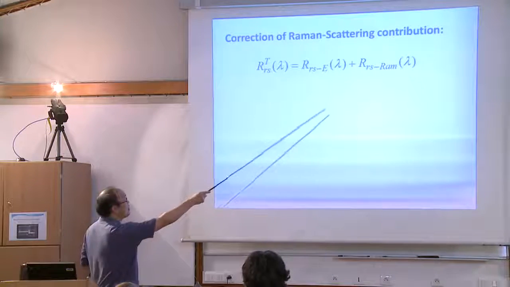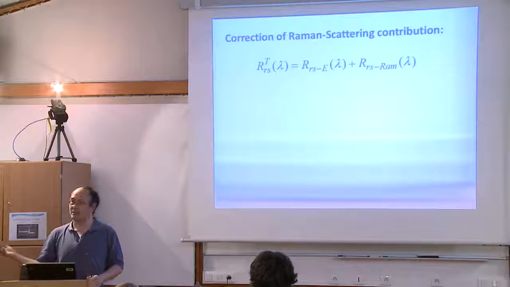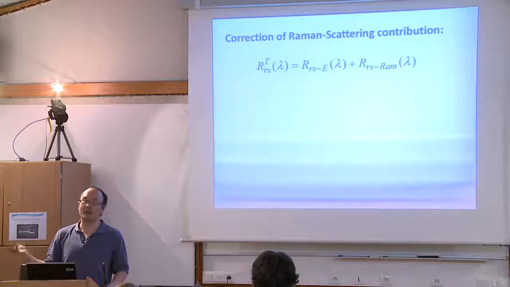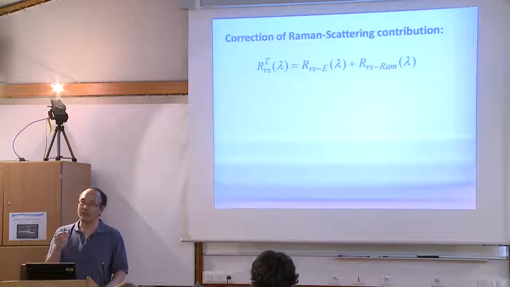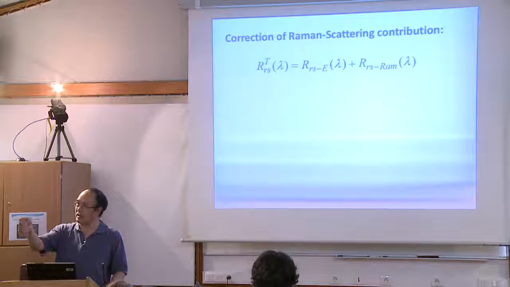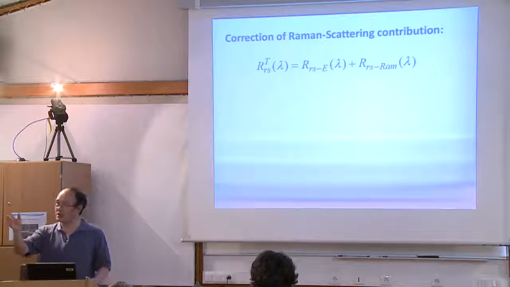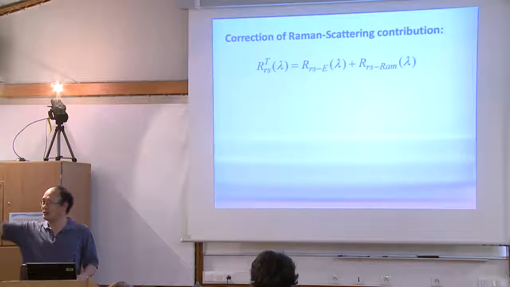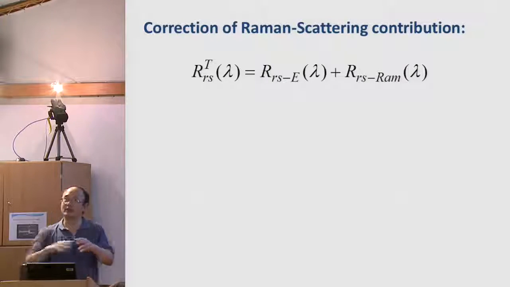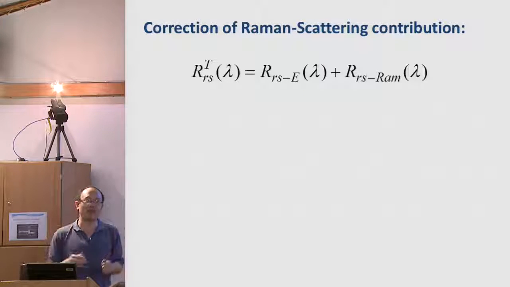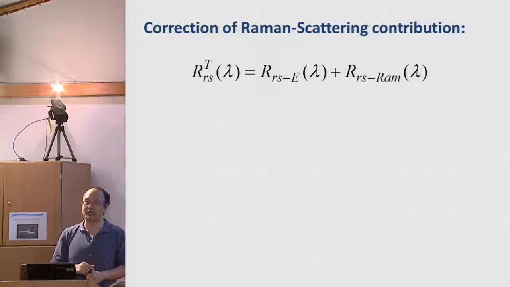Without correcting this Raman effect, the particle backscattering coefficient will be overestimated, and it can also propagate to the absorption coefficient. And I think Rosell and Darius, you have built the Raman corrections into that formula. So it's a very important component to include.